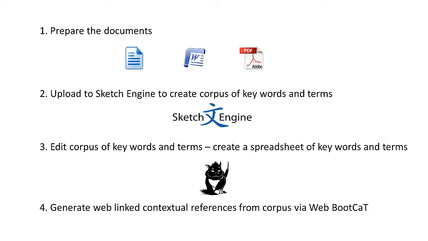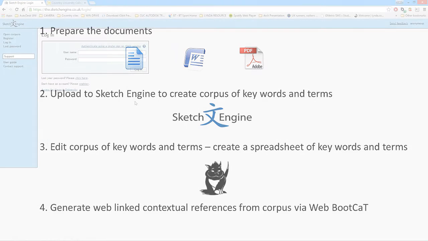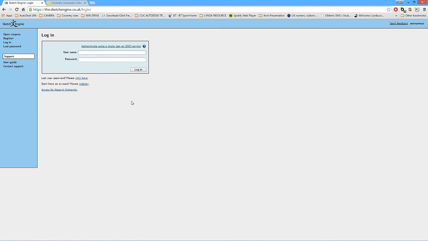So the first thing we need to do is launch the SketchEngine web page. So here I am at sketchengine.co.uk/login. You get to this page when you go to /login, and we are going to use the single sign-in service. Coventry University is a member of this, so you can click on authenticate using the single sign-in.